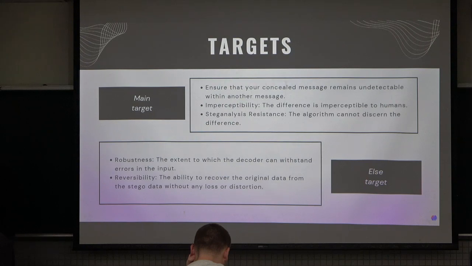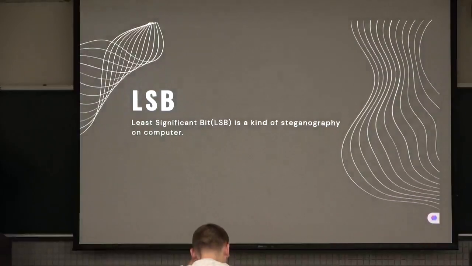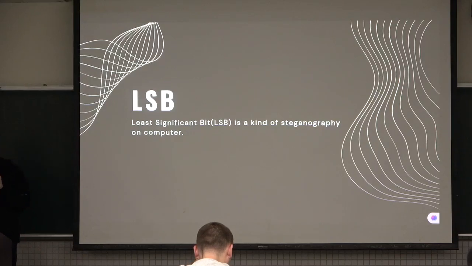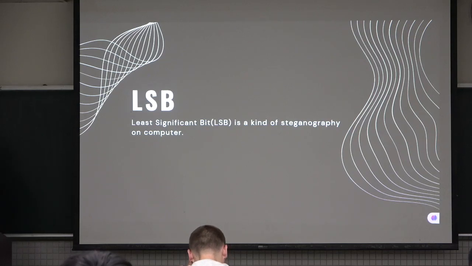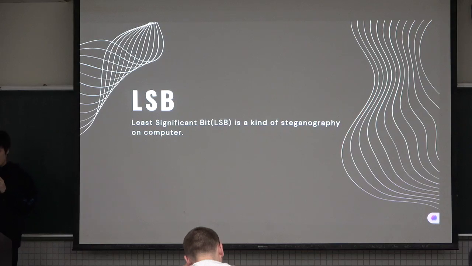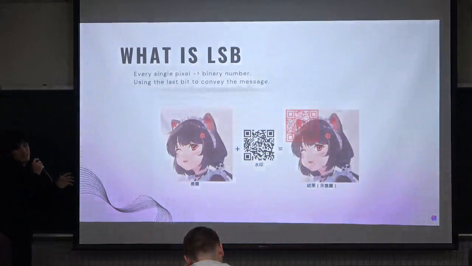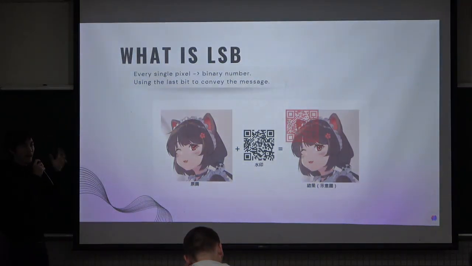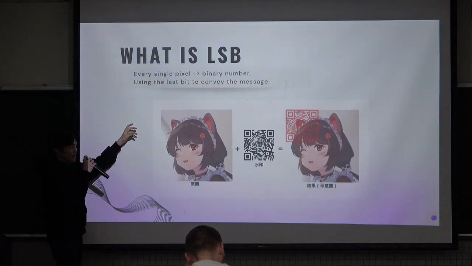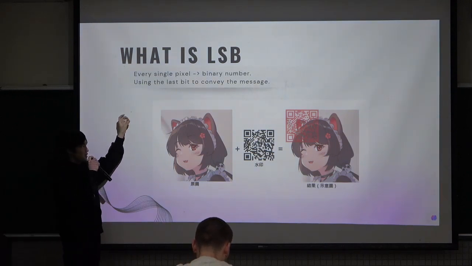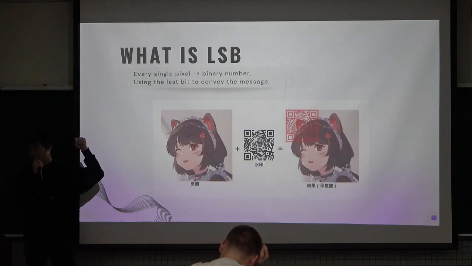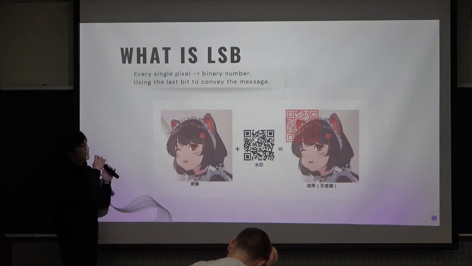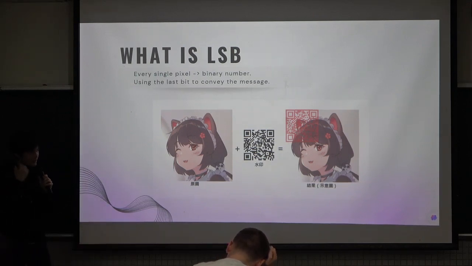And first, how to apply this steganography. The first way we are going to introduce is LSB, which means least significant bit. Literally, we use the least significant bits to hide the message. As we know, an image is made of pixels, and pixels are made of 0s and 1s.